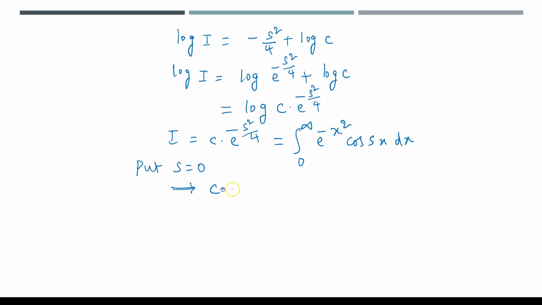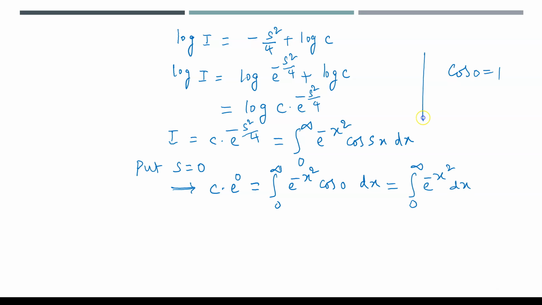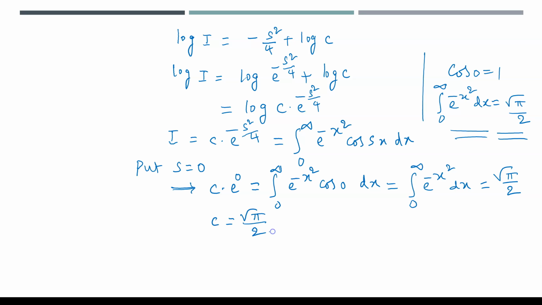Then we get c times e^0 equals the integral from 0 to infinity of e^(-x²) cos 0 dx, which equals the integral from 0 to infinity of e^(-x²) dx, because cos 0 equals 1. The value of this integral is root pi by 2. So the value of c is root pi by 2.